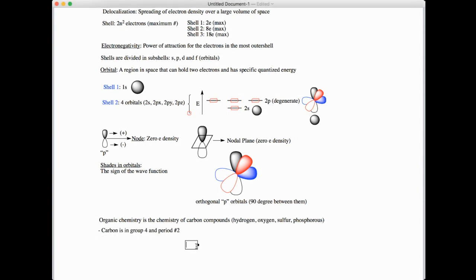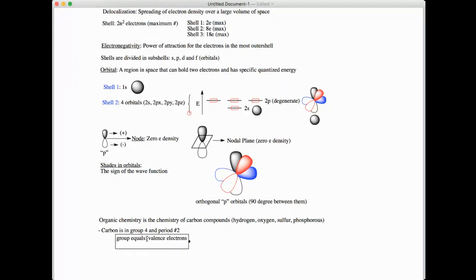So you guys know at this point, the group number equals what in the periodic table? What information does the group number give you? If you see carbon is in group 4, what is that telling you? The number of valence electrons, right? So valence electrons.